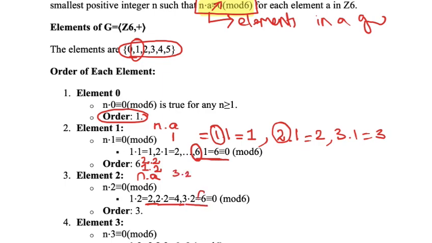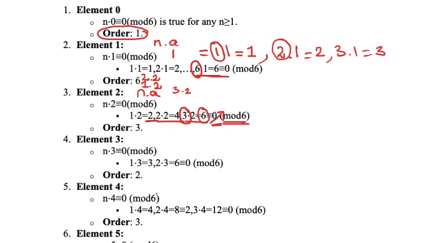This exceeds the group, so we need to apply the modulus. 6 mod 6 is 0. So we halt, we reached 0. The order will be equal to the last n value, at which we reach 0, that is n equal to 3.